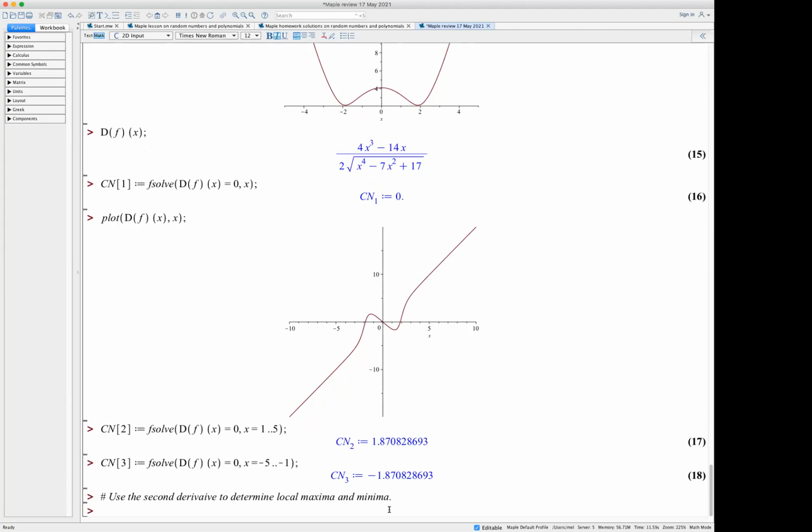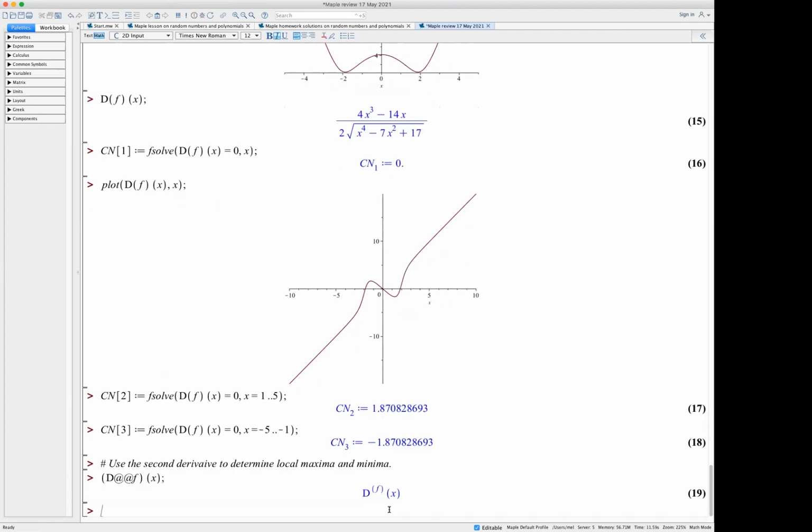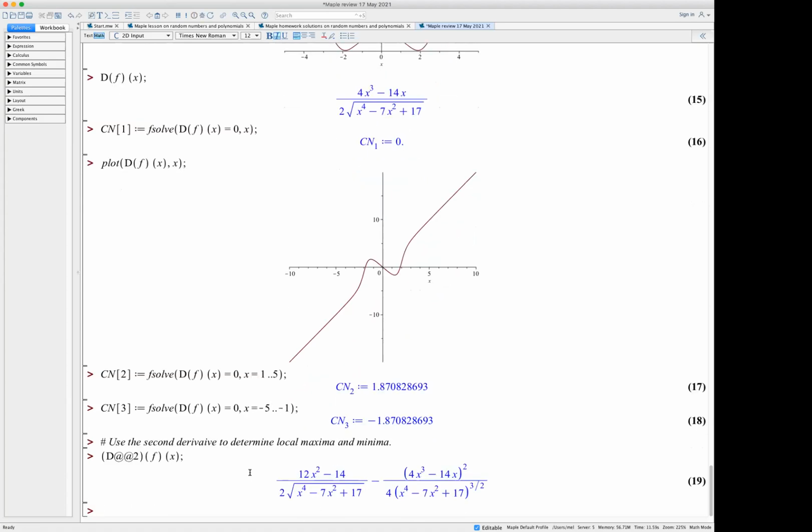So what is the second derivative? That's the second derivative. Oops. Let me do it right. This is the second derivative. And let me evaluate this at the 3 critical numbers.